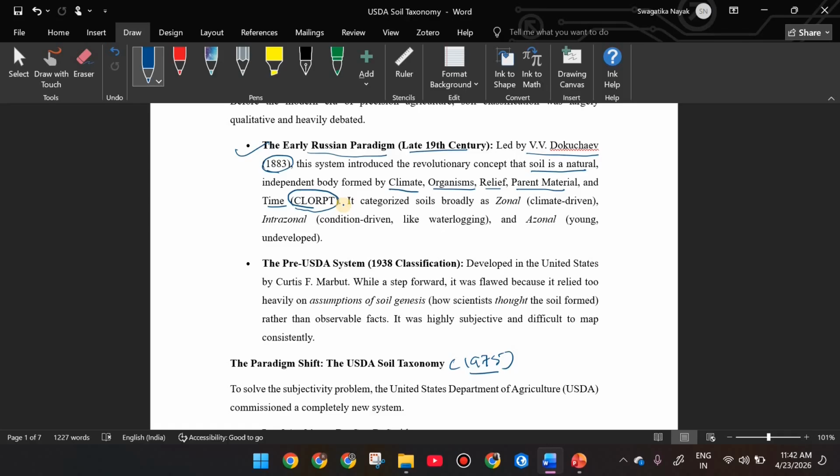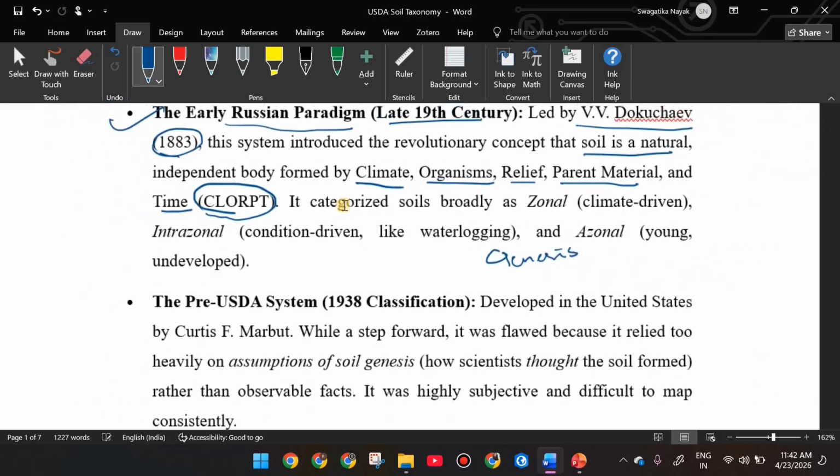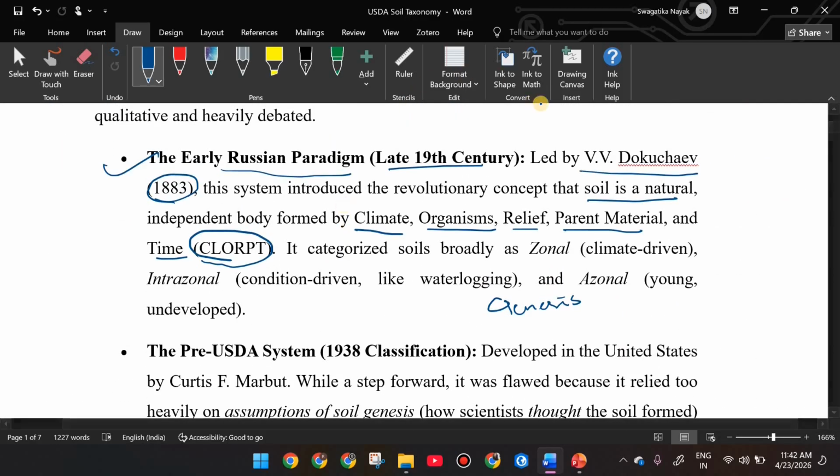So on the basis of the genesis of soil formation, the Russian geologist, geographer, and scientist Dokuchaev gave his classification of soil.